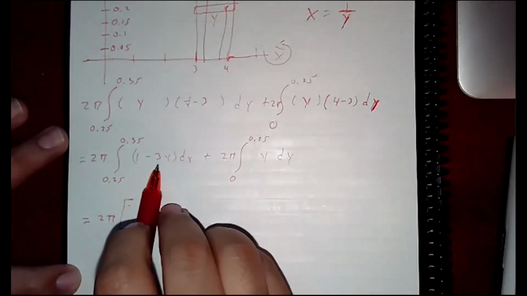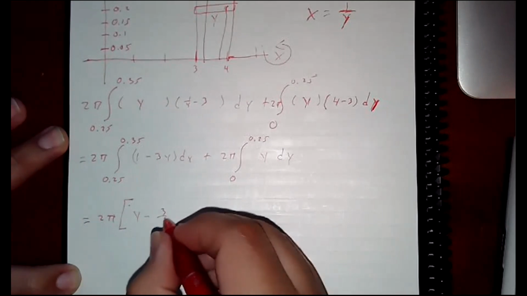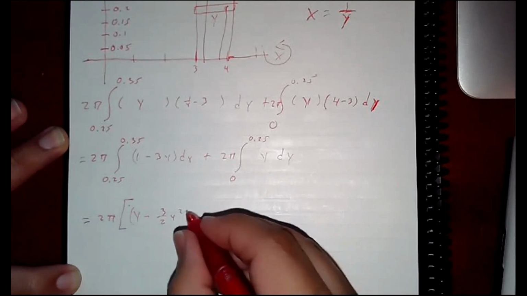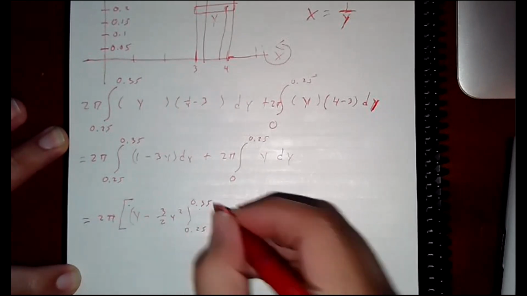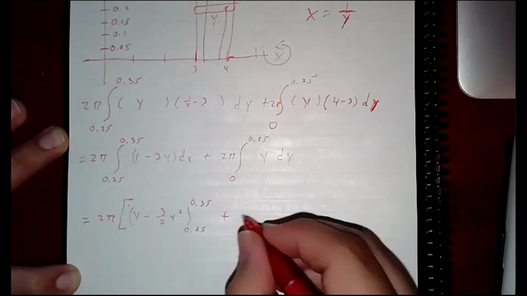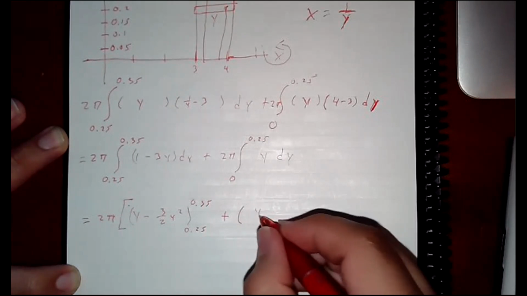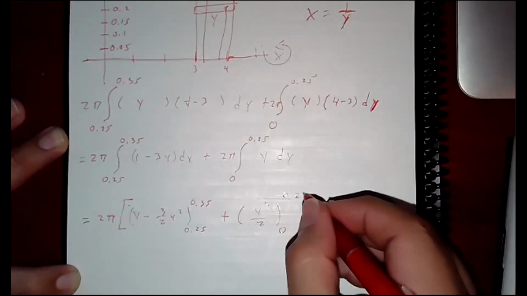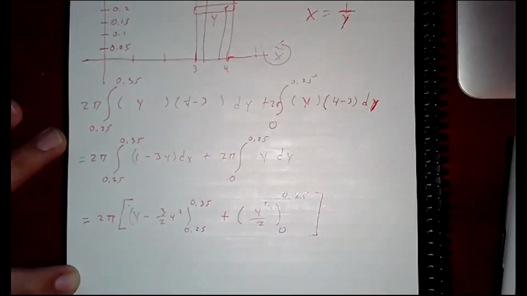Integrate this guy, we would get y minus 3/2 y squared from 0.25 to 0.35, plus y squared over 2 from 0 to 0.25. And then at the end, multiply everything by 2 pi.